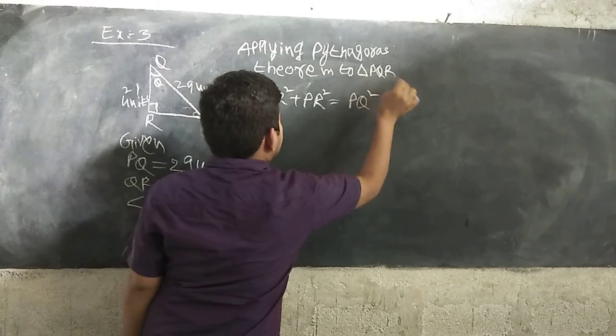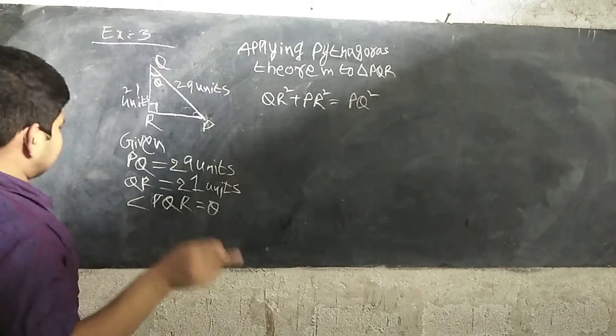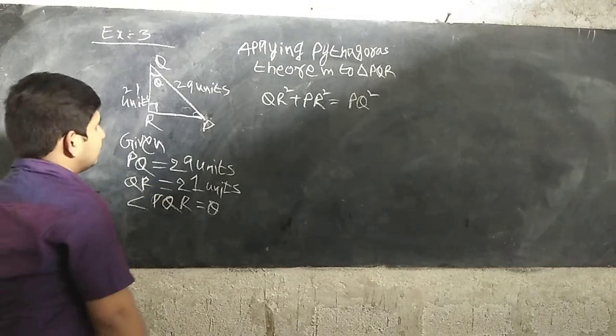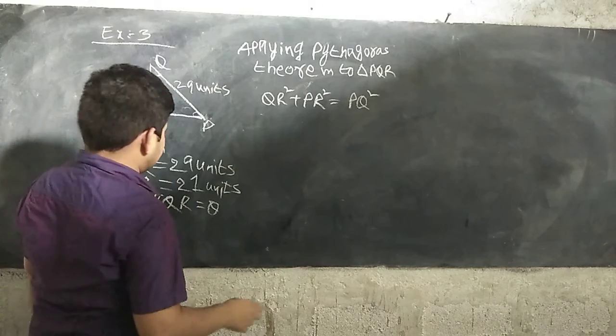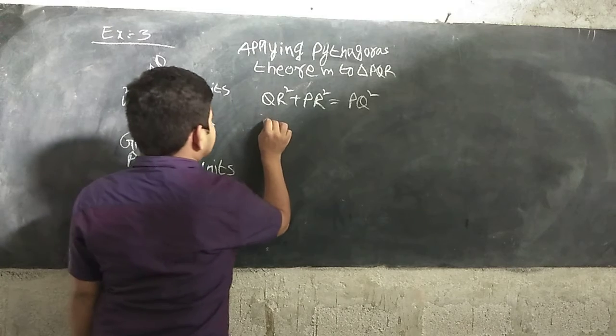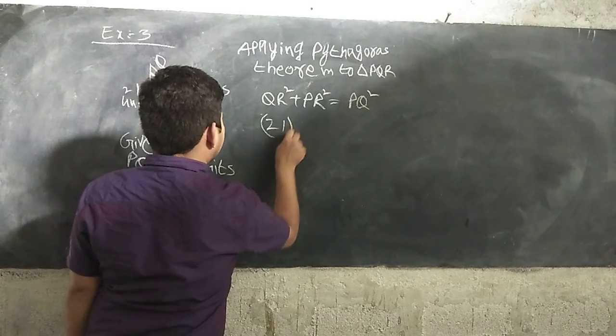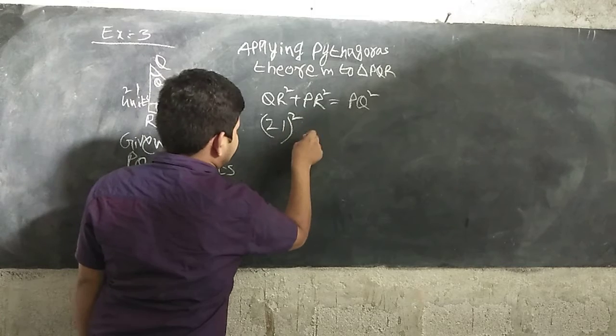Now substitute here PQ and QR. QR equal to what? 21 units, so 21 whole square. PR value we don't know, you have to find it.